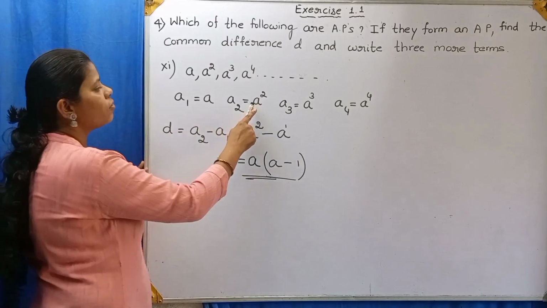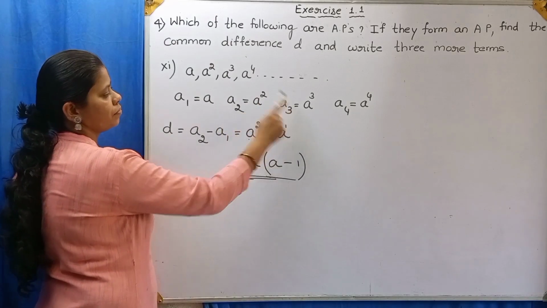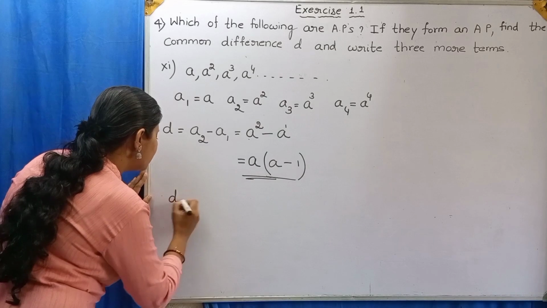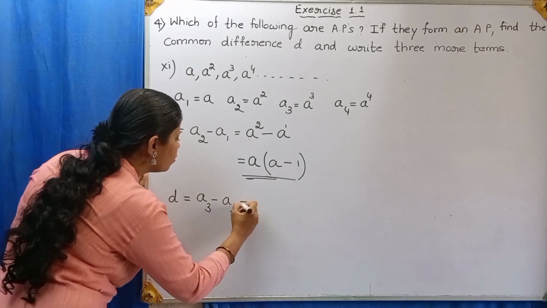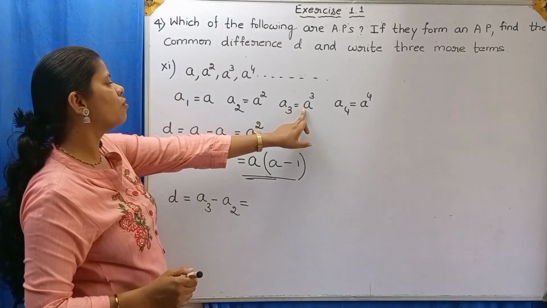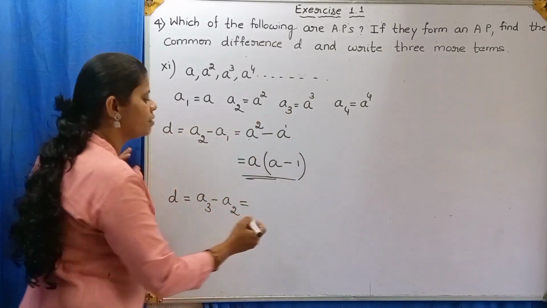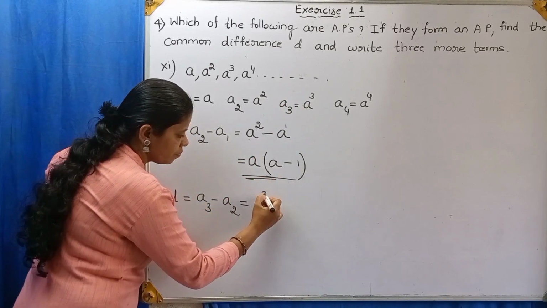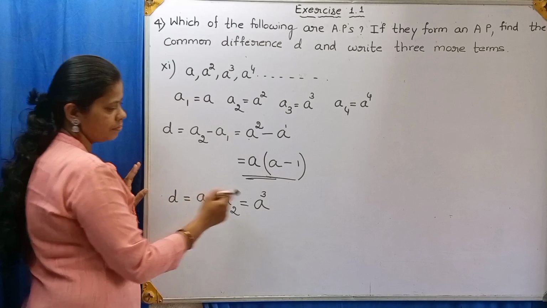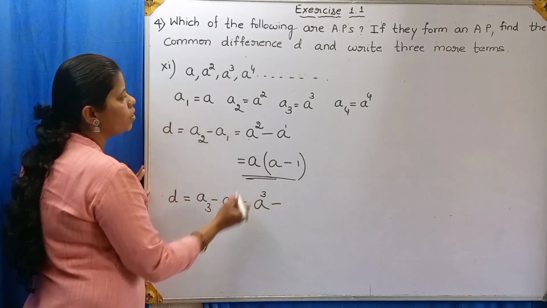Now, let us find out the difference between these two. d is equal to a3 minus a2. Okay. a3 is what? A cube. See this properly. a3 is a cube minus a2. a2 is what?